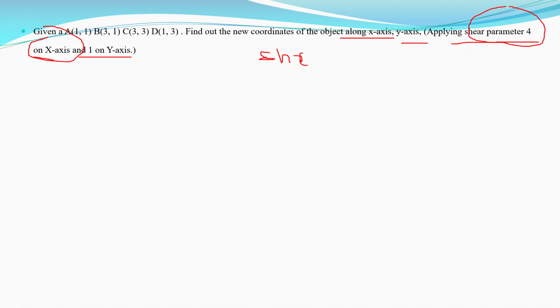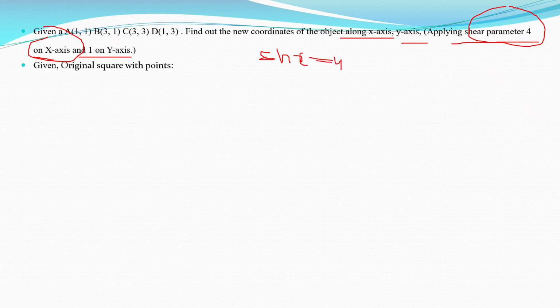Find the new coordinates of the object along the x-axis and y-axis, applying shear parameter 4 on the x-axis and 1 on the y-axis. Remember, they are giving a shearing parameter of 4 on the x-axis, meaning the shear of x is given as 4, and y is 1.